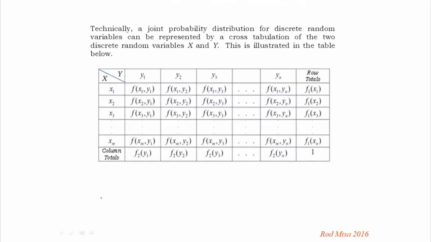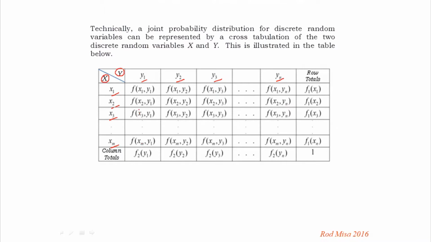You see here our first random variable, X, has the values x sub 1, x sub 2, x sub 3, and so on until the last value, x sub m. And our second random variable, Y, has values y sub 1, y sub 2, y sub 3, up to the last value, y sub n.